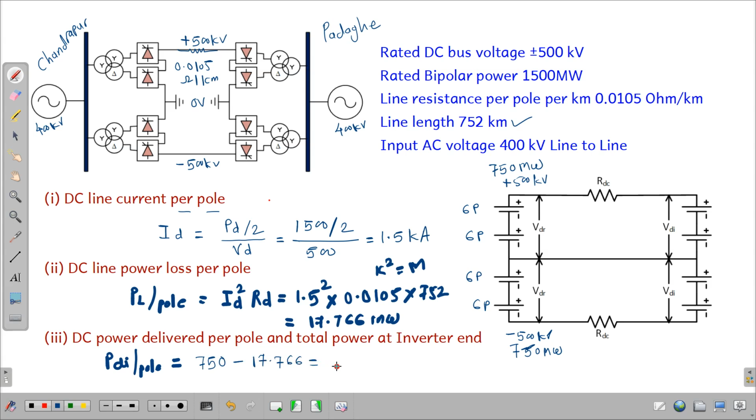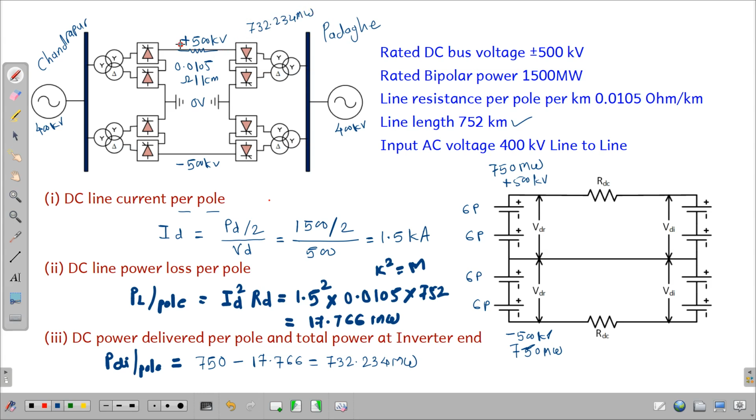So the total remaining power is 732.234 megawatt. This much power will be transferred through one pole. At the receiving end you will observe that the power is 732.234 megawatt.